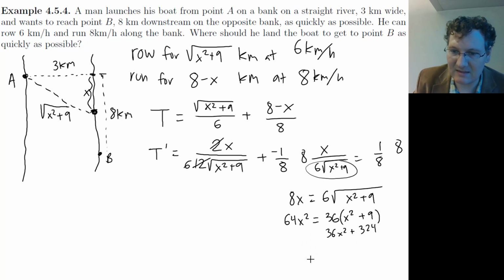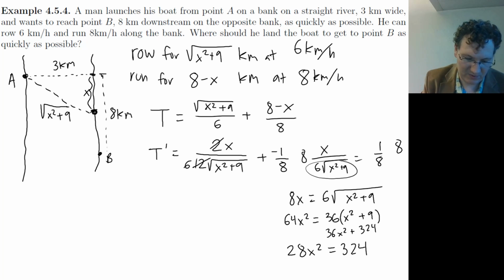Okay, so let's get the x's to the other side. So it's 64 minus 36, 28x squared is equal to 324.